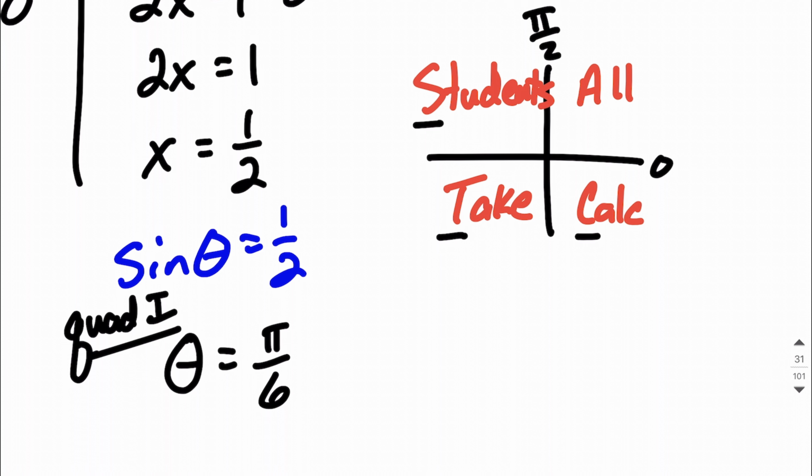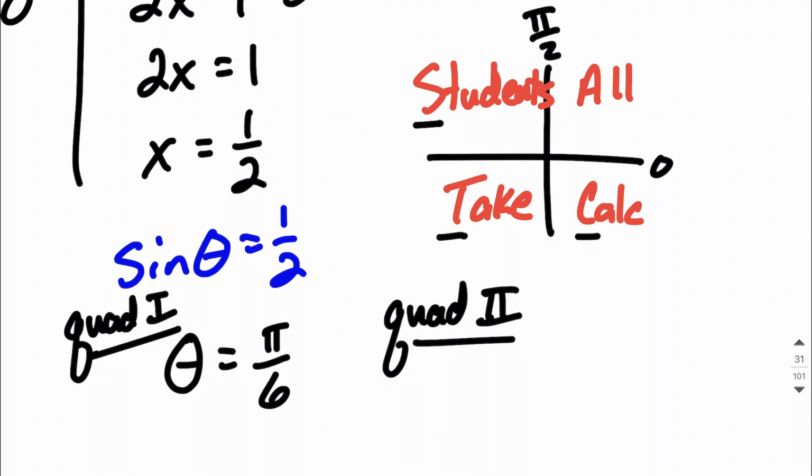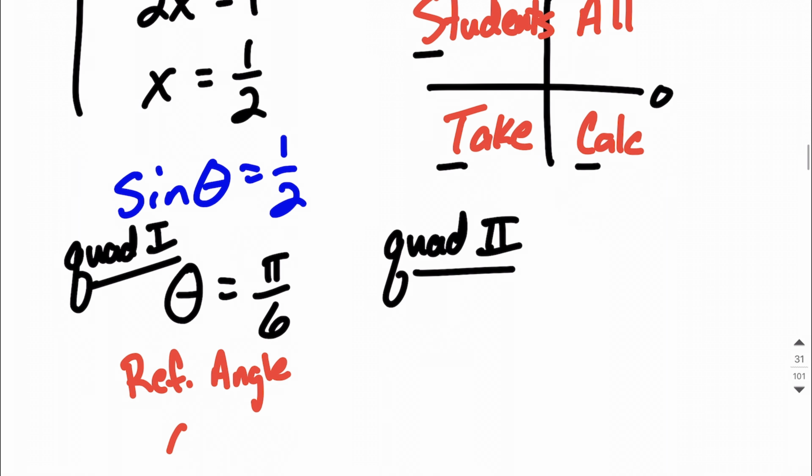We need one in quadrant 2. To get that quadrant 2 angle, what we need is a reference angle. As it works out, pi over 6 is in the first quadrant, so that's automatically our reference angle. Let me label that a reference angle. Because that pi over 6 got returned, I'm going to use theta bar to represent it, theta bar equals pi over 6.